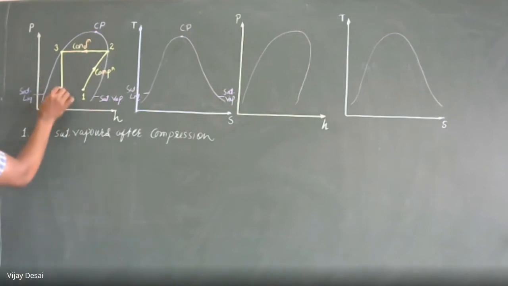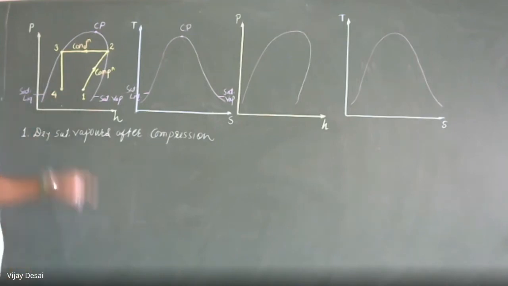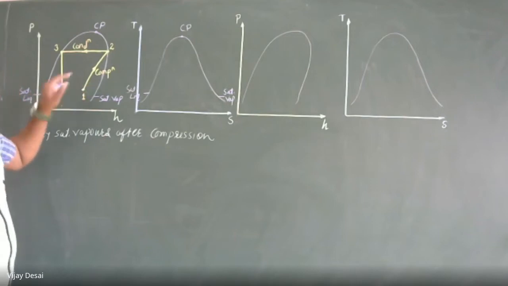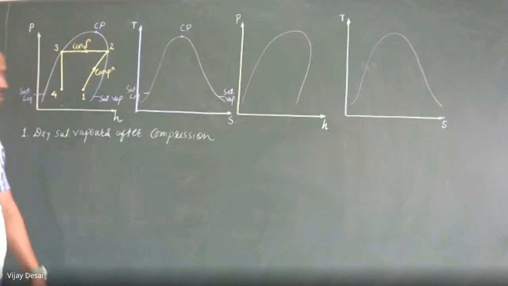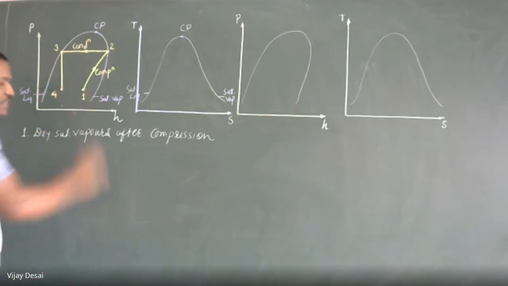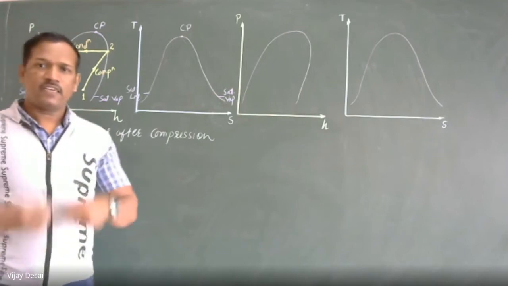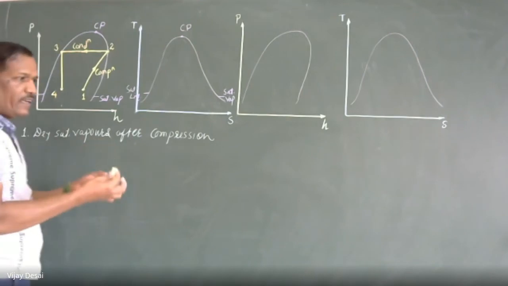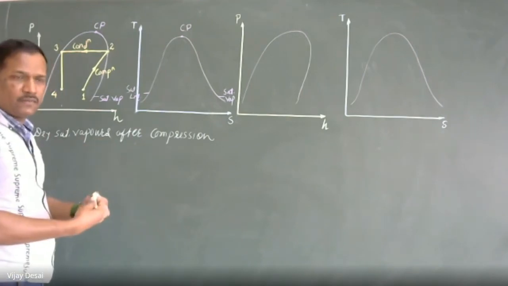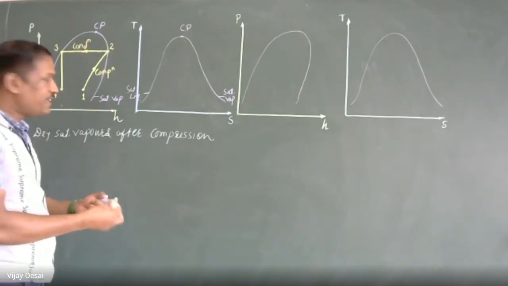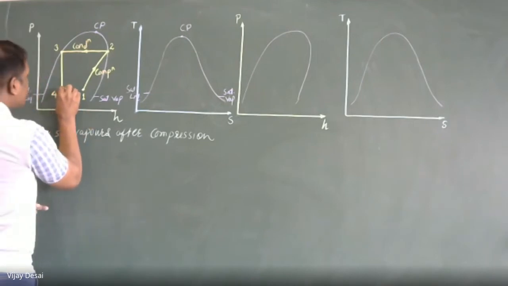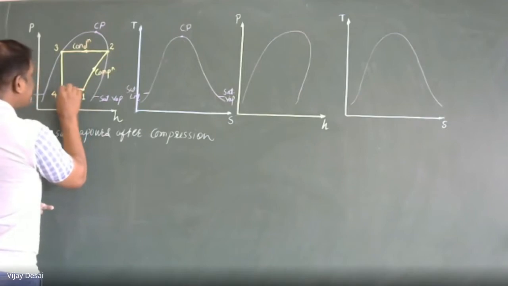So now low pressure, low temperature refrigerant is passed through the evaporator. Now in the evaporator unit, it extracts the latent heat from the food content. So as it is absorbing latent heat, its enthalpy increases and its phase changes.